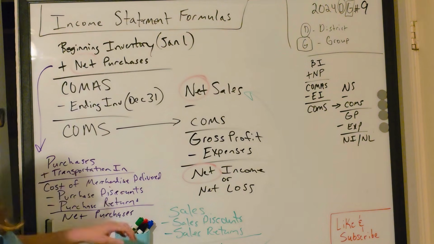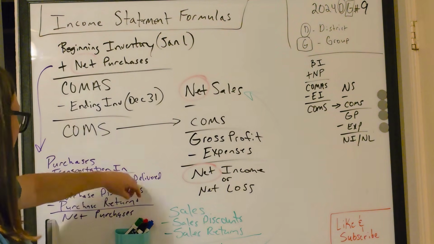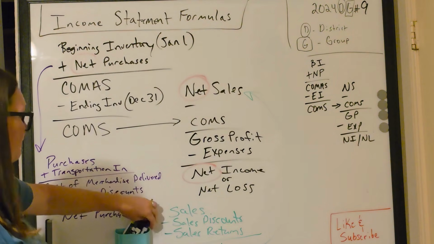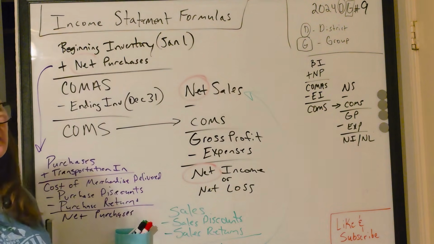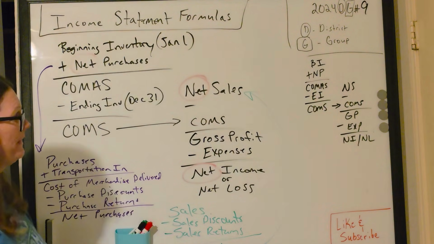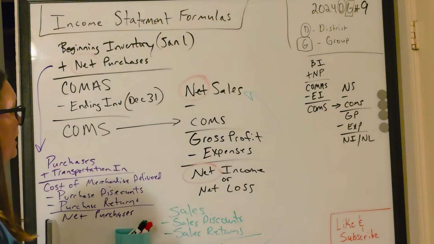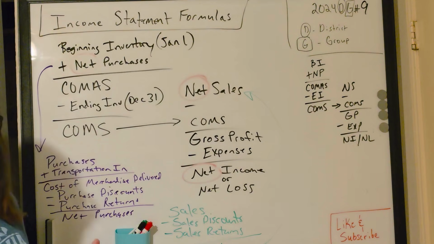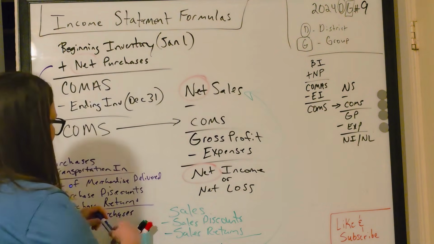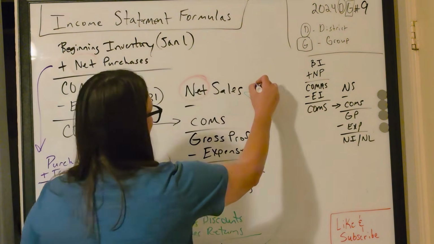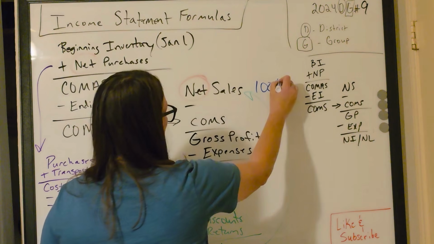Okay? Now, I want to show you one other thing. You won't see it on Group 9, but you will see it later, so I'm just going to throw it in there because it goes along with this. A lot of times they do percentages of gross profit. So basically, what does that mean? Well, let's just know that sales is always 100%.